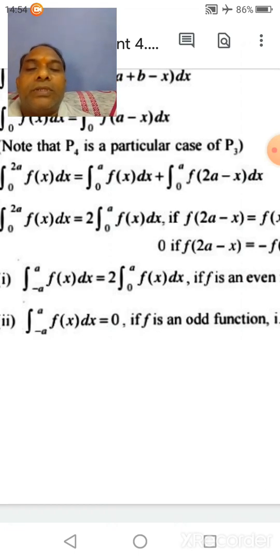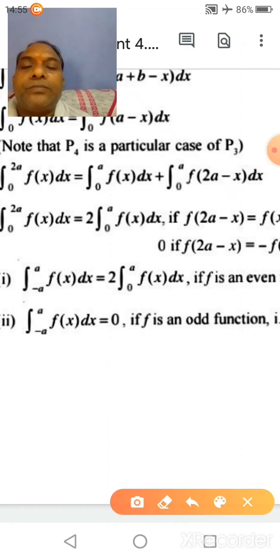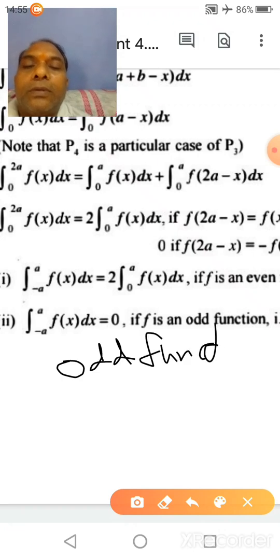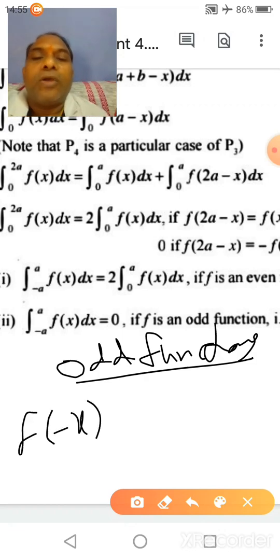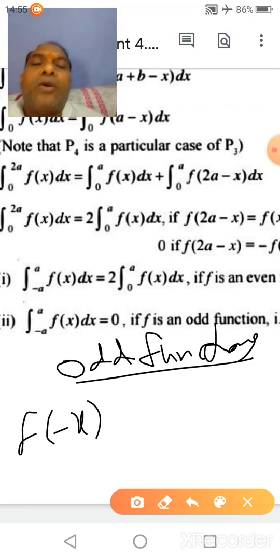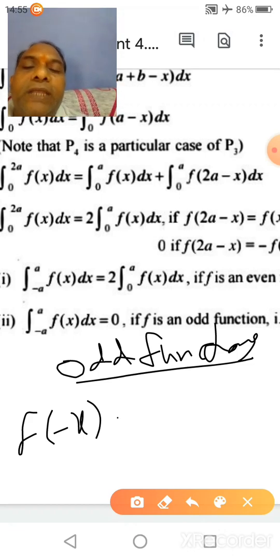Now see the odd function. f(x) is said to be an odd function if f(minus x) is equal to minus of f(x).